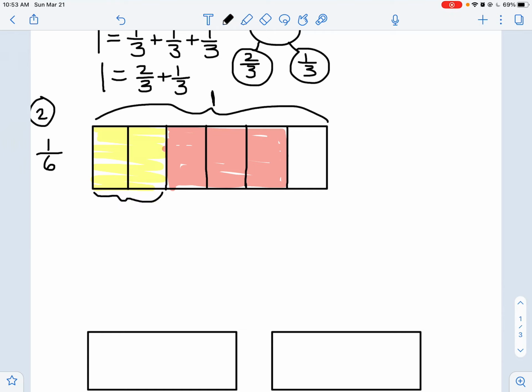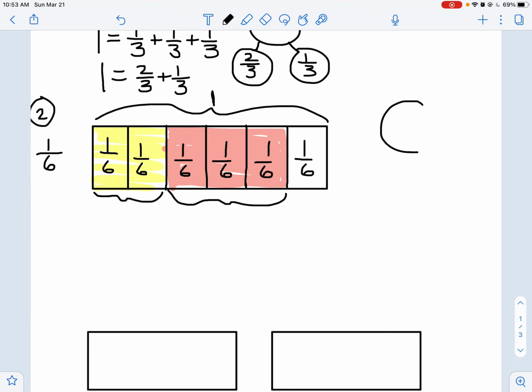So I can label each of my colored portions. I know that each one of these pieces is going to be 1/6 because we've already identified that as our unit fraction. But now I can break it down a little bit more. I have my yellows, and I know those are 2/6, and I've got my reds, which are 3/6. Everybody agree? How many sixths are highlighted? Because we're talking about how much is highlighted or colored.